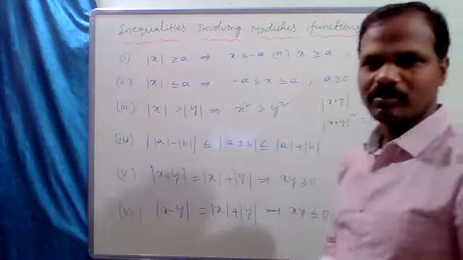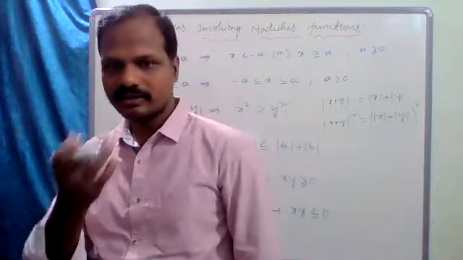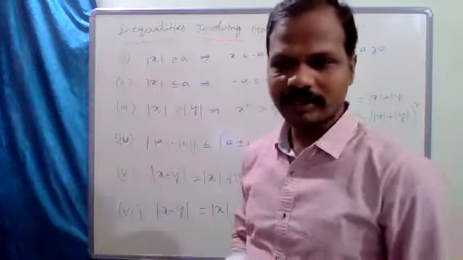See, |x|² is nothing but x². |x|² or x², both are equal.